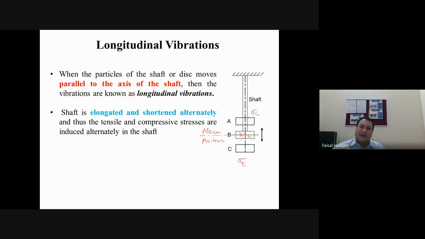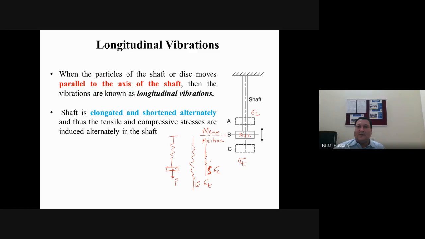If you apply a force, at one time the spring will elongate and at the next position it will get shortened. Alternately, tensile stresses and compressive stresses will be induced in the shaft.